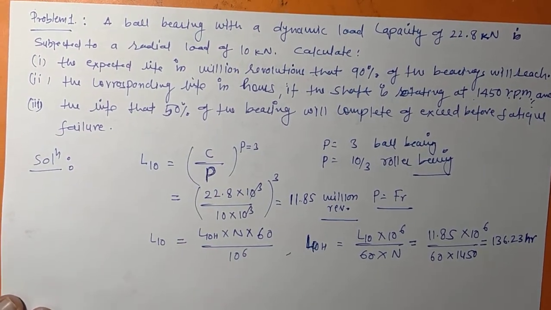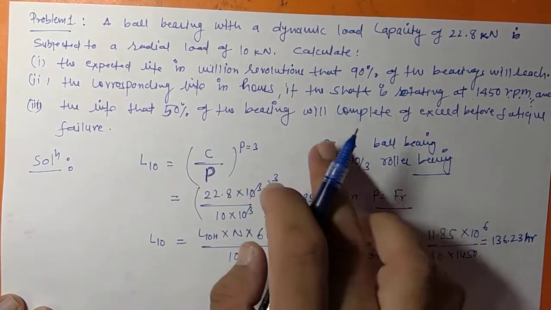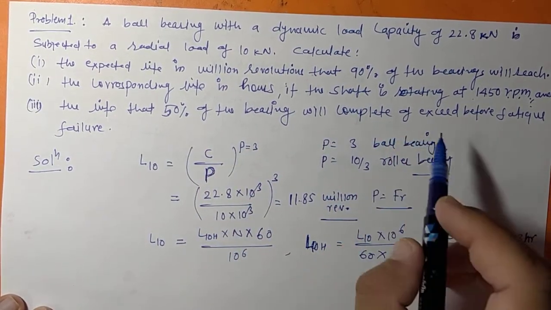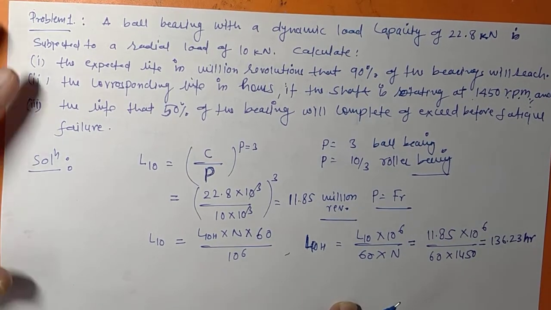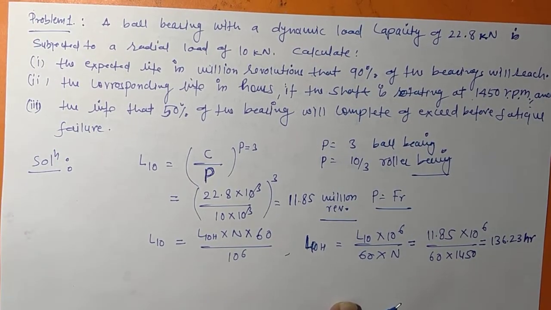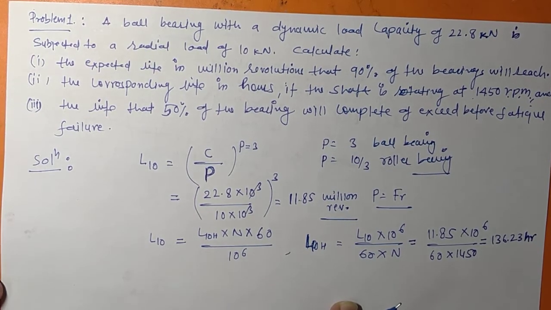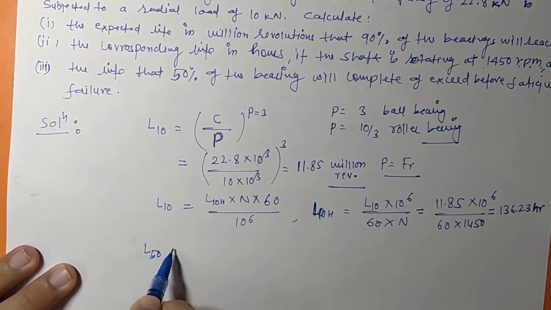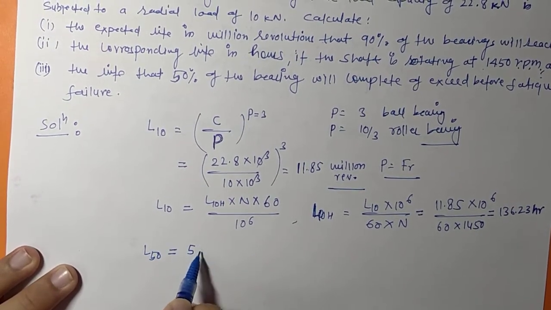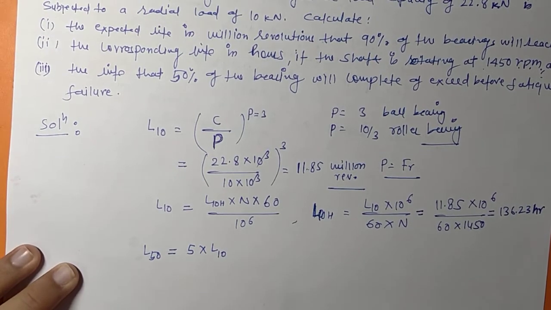And third, the life that 50% of the bearings will complete or exceed before fatigue failure. So for 50%, this life is known as the median life of bearings, which we represent as L50. L50 is given as 5 times L10.